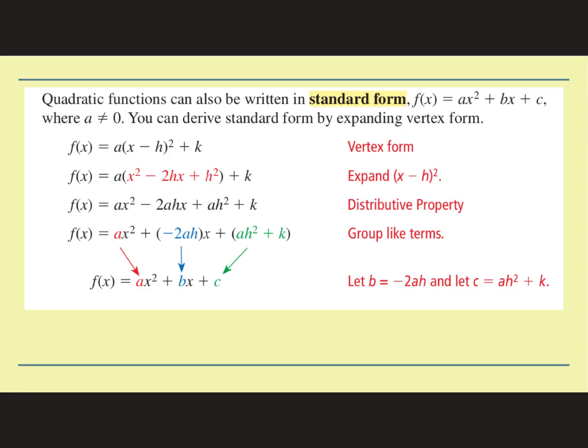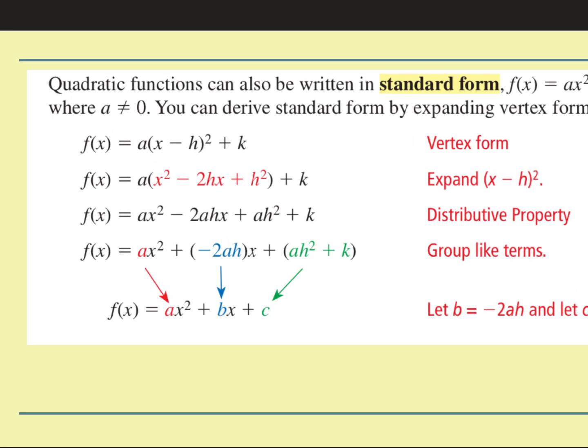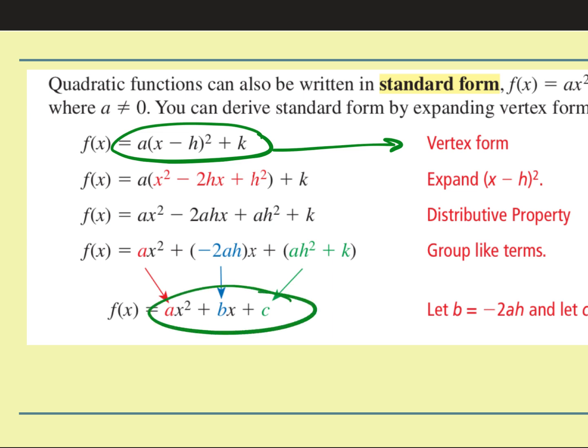We have 2 different forms, vertex form, which is the first one here. And then standard form is what we're used to when our x squared comes first plus x plus our constant. So this would be standard form. Yesterday we practiced going from standard form and putting it into vertex form.